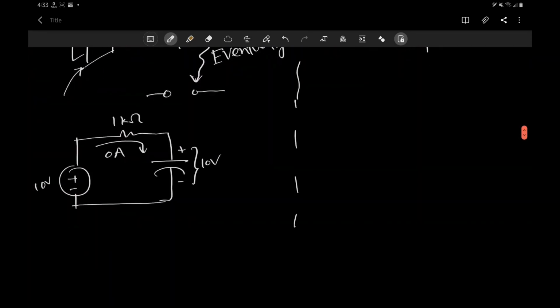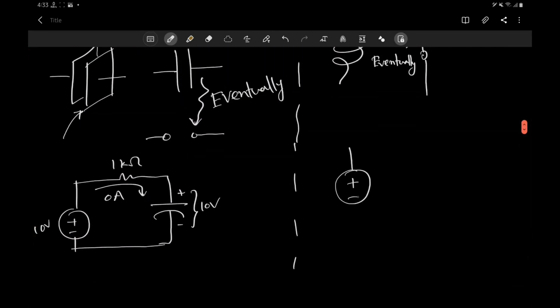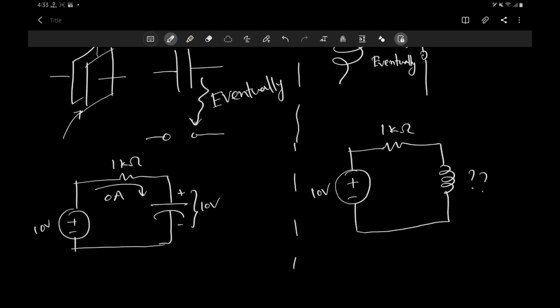If you make a circuit with a 10 volt source, a 1 kilo ohm resistor and an inductor instead of directly shorting the circuit, it doesn't matter what value it is. If you make the circuit today and come back a day later, you will see that there is a 10 milliampere current and 0 volts across this inductor.